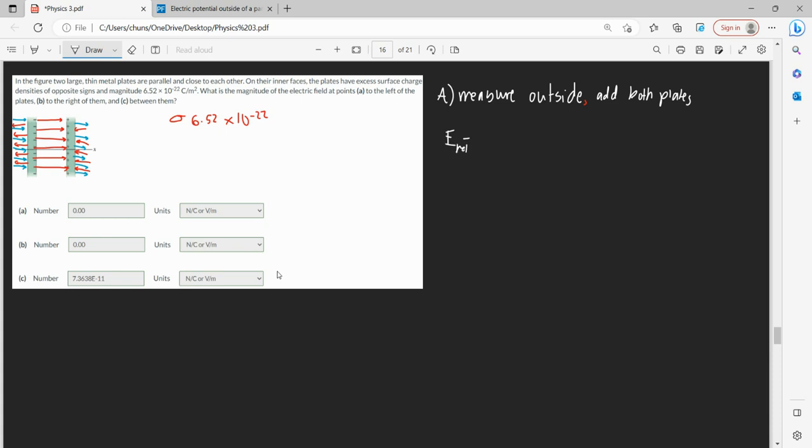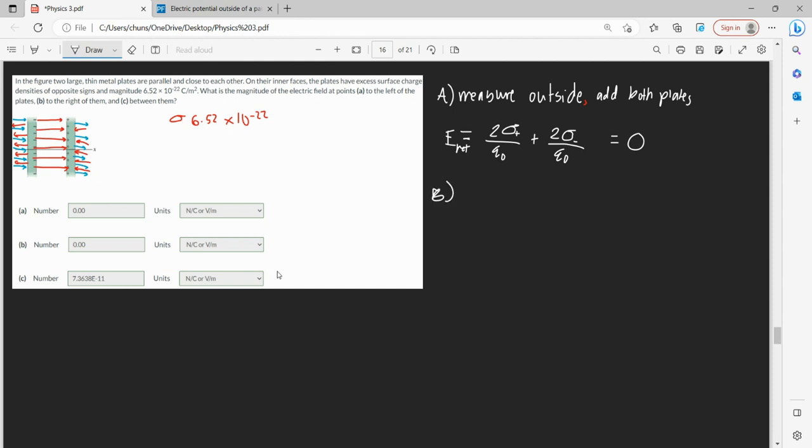E net is equal to this is our positive, and plus 2 for negative plate, which is equal to 0. Okay, so that is why for A and B, our electric field is 0.